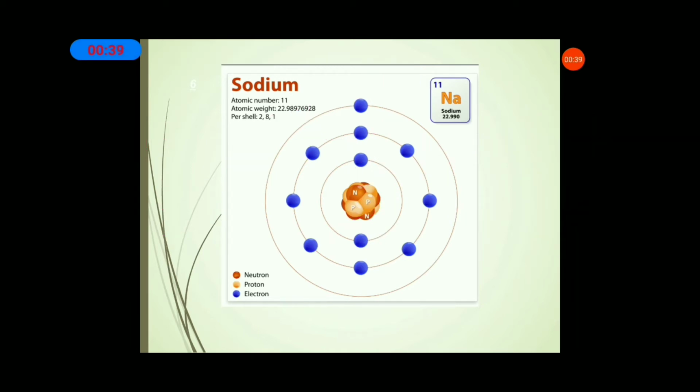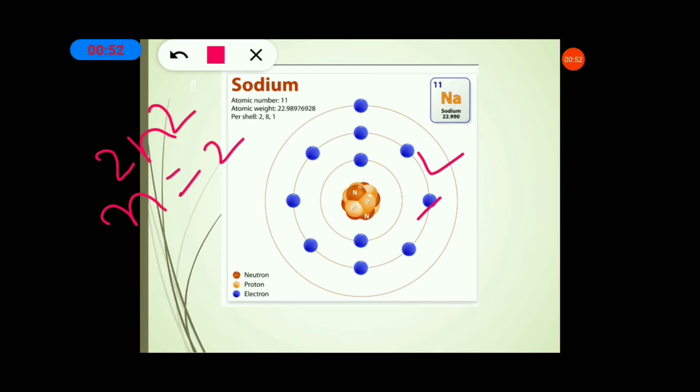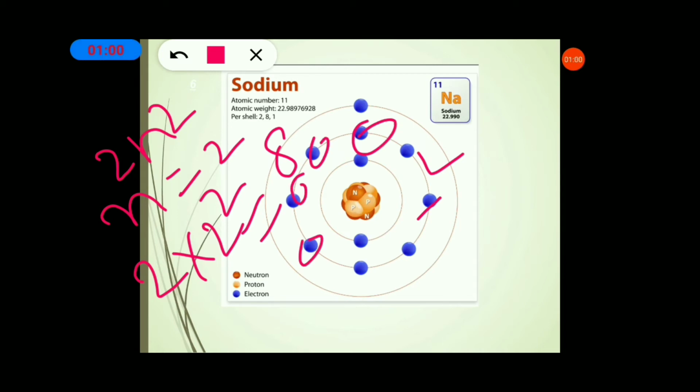Now we will discuss the L shell, the second shell. In 2n square we will write n equal to 2. So 2 into 2 square, 2 2s are 4, 2 4s are 8 electrons. So here you can count, only 8 electrons are there.